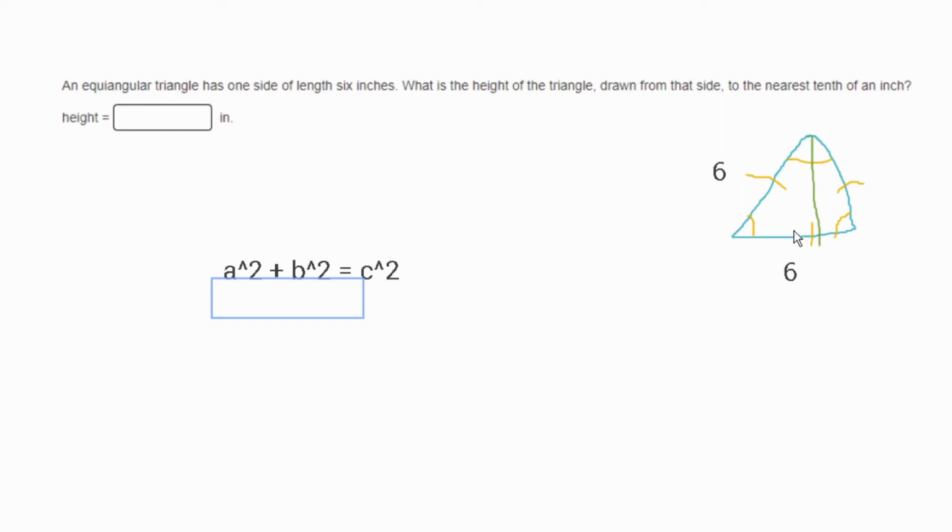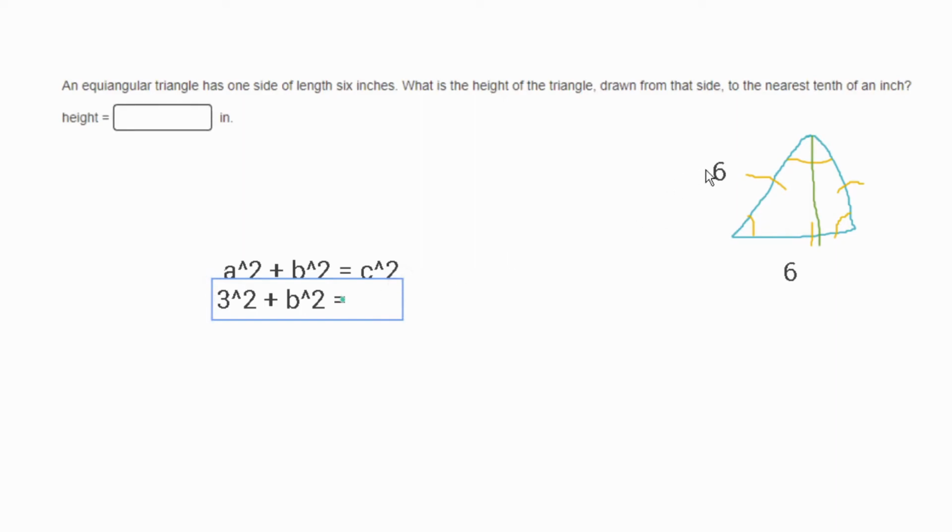So let's say a is this bottom side, but we only want half of it because the height only goes to the middle. So we got 3, and then you square it, plus, we don't know the height, so let's just leave it as b squared. And then we know the right side, the diagonal, that's what this is solving for.